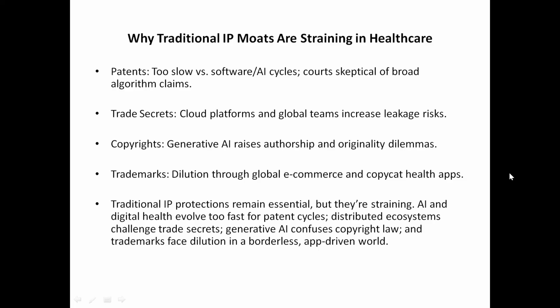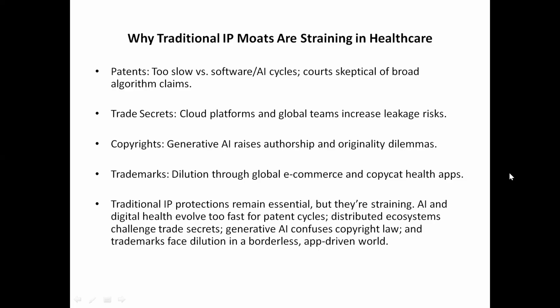Because it's about how to find a resolution to protect your trade secret. What measures you can bring are very risky now. The leakage risk has greatly increased because of how much technology has developed. And copyright also, with generative AI, raises authorship and originality dilemmas, right?